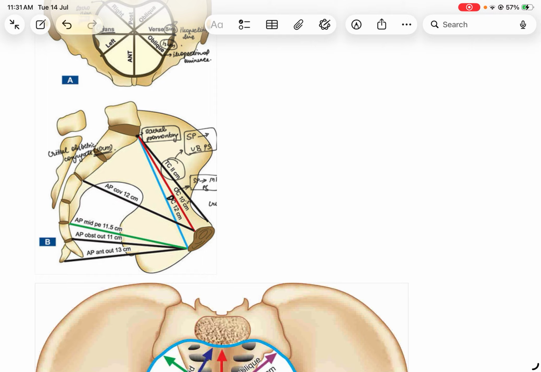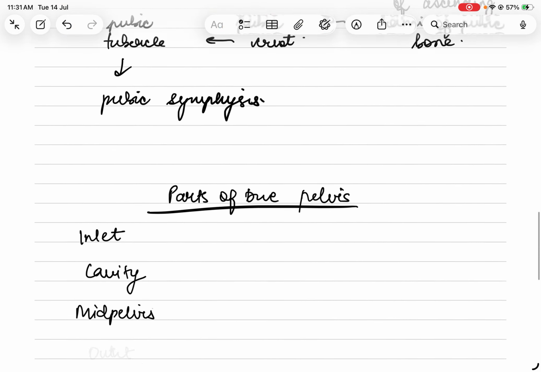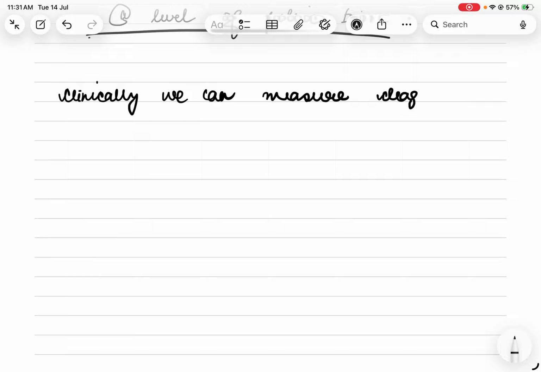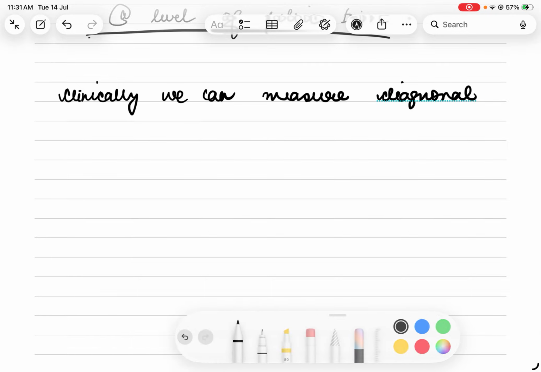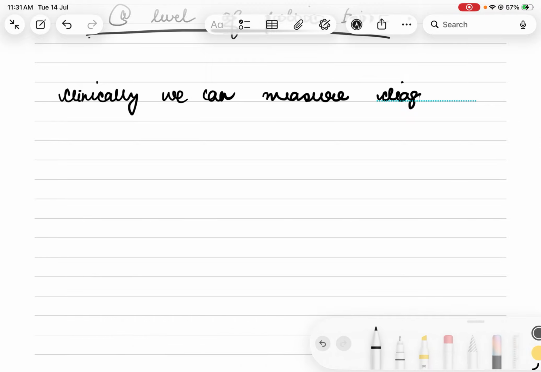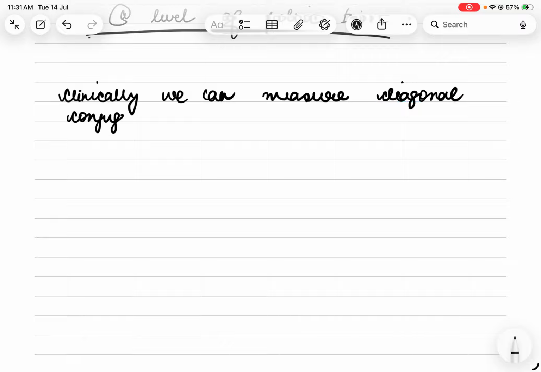Now clinical pelvimetry measures the diagonal conjugate only. Clinically we can measure diagonal conjugate only.